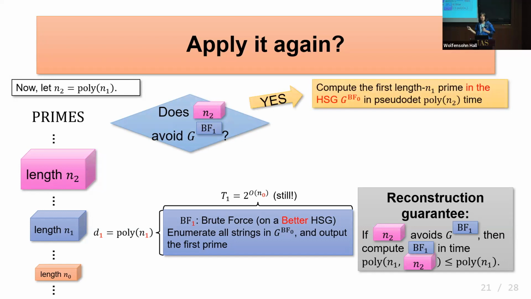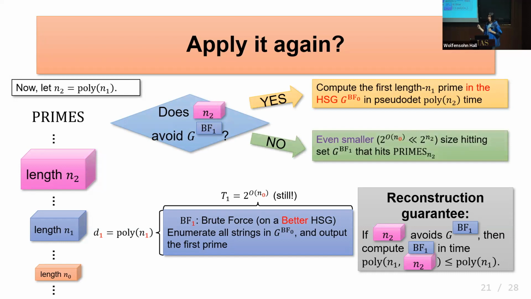If it does, then we have reconstruction and we can construct a length N1 prime in pseudo-deterministic poly N2 time. If it doesn't, then it's equivalent to saying the generator hits primes on input length N2. Now we have an even smaller size hitting set generator that hits primes on N2. The even smaller here is in a relative sense, not in the absolute sense, because the size is still polynomial in 2 to N0, but it's even smaller compared to 2 to N2.